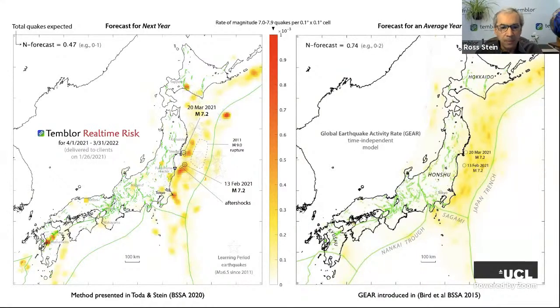So in Jacksonian terms, since we gave this to our clients in January and these events occurred in February and March, it's a blind test. You can't ever be too conclusive about two earthquakes, but these are suggesting that we can do a lot better than time-independent models, even good time-independent models, by applying these tools.